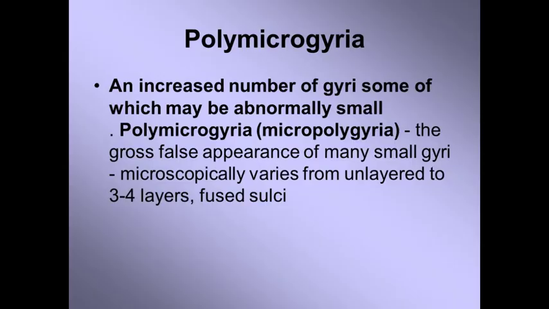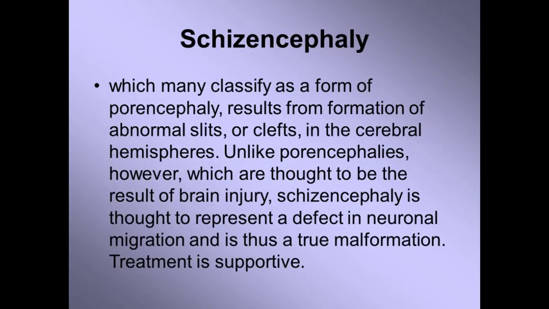Polymicrogyria: an increased number of gyri, some of which are abnormally small. The gross appearance may be false, with small gyri, microscopically varying from unlayered to three to four layers, fused sulci. Schizencephaly, which many classify as a form of porencephaly, results in formation of an abnormal slit or cleft in the cerebral hemisphere.